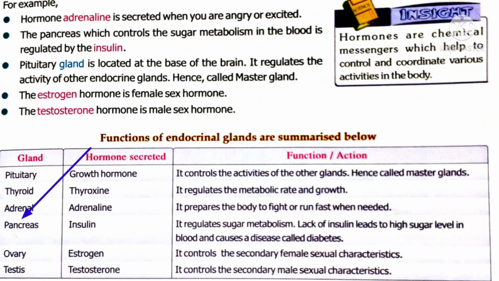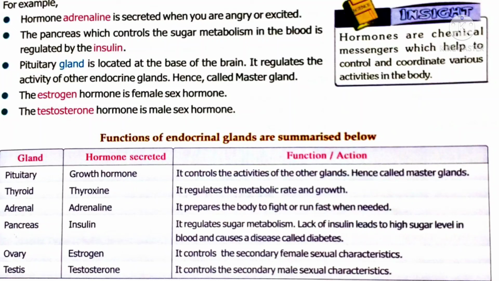The pancreas is a gland which secretes a hormone called insulin, which regulates the blood sugar in our body. If the pancreas fails to secrete insulin, our blood sugar will increase, which causes diabetes. Diabetes is a disease. Also, the ovary secretes the estrogen hormone.